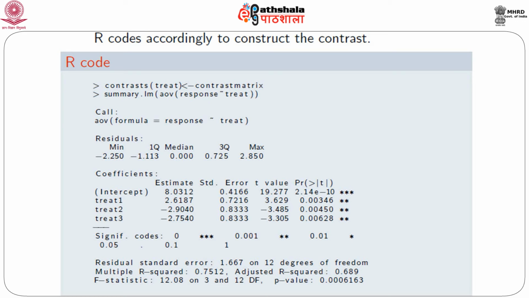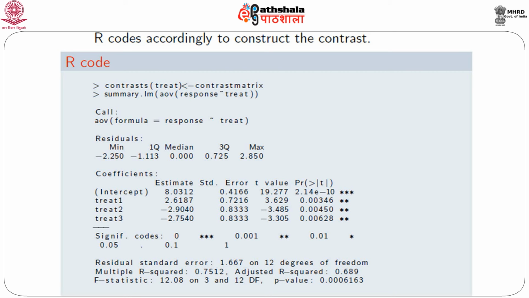It is more like an internal step printed for the sake of completeness. In this case, treatment 1, which is the first contrast, has an estimate 2.6187 with standard error 0.7216, and its p-value shows that it is significant. In fact, here all the effects are significant.